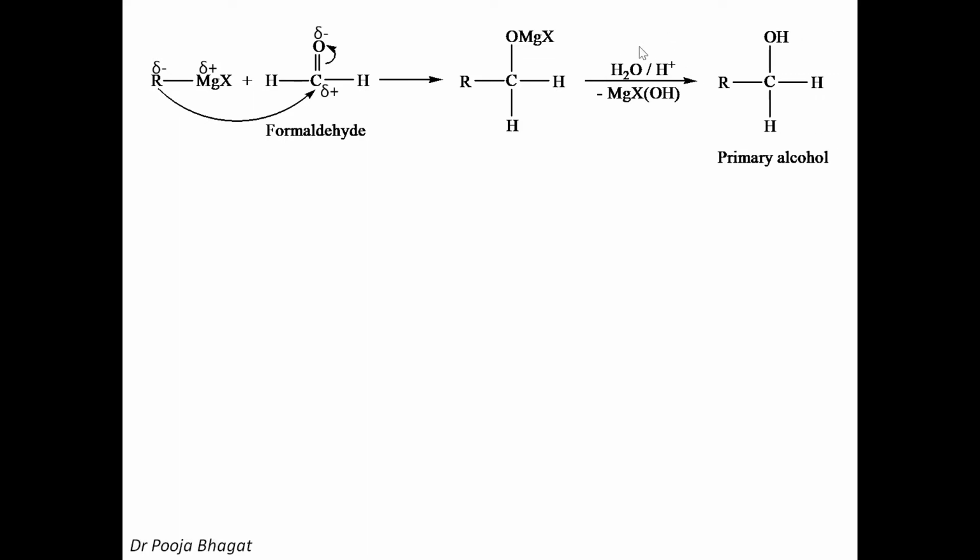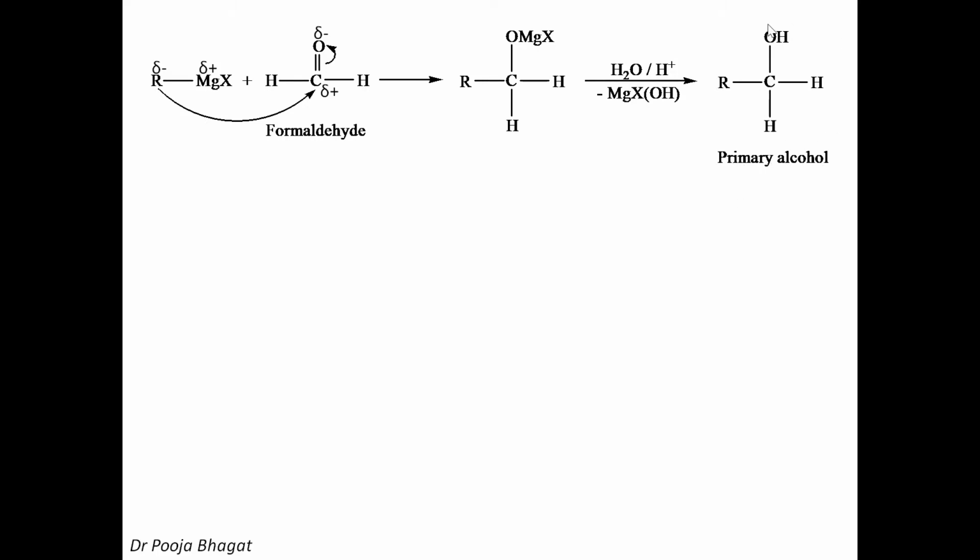And then when you hydrolyze it in the acidic medium, or when you treat it with dilute acid, what will happen? This O-MgX bond will get cleaved. H will come here, you will get OH, and MgX goes out as MgX and OH. Okay, so you get OH. Now this is primary alcohol. I think all of you know how to name a primary alcohol.